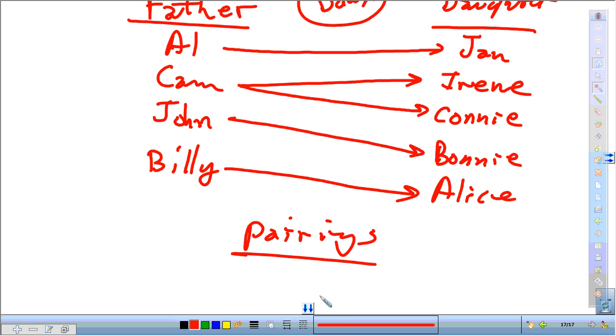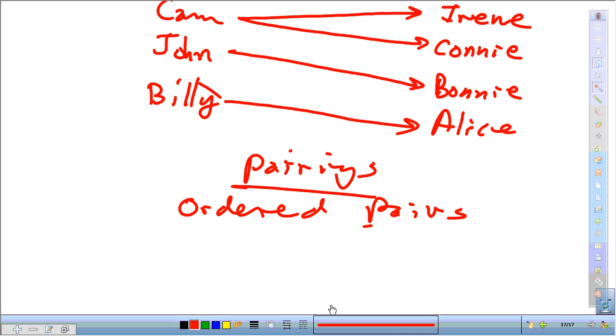So if you think of any relationship, it's just a set of pairings. So you could look at every relationship as just ordered pairs. So in the one above, I would have Al associated with Jan. That's an ordered pair in that set.